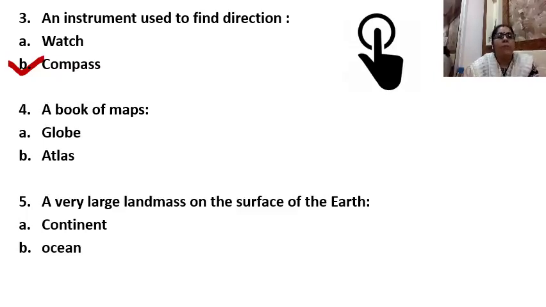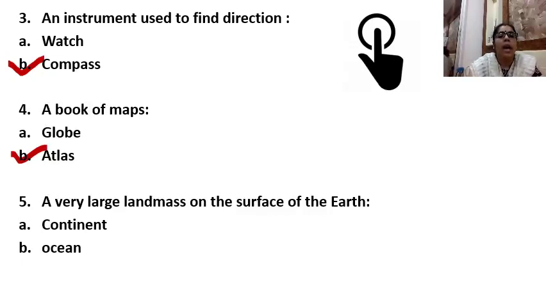A book of maps. Yes, a book of maps is called what? Globe or atlas? Which is the correct one? Yes, it is Atlas. Atlas is the correct option. So you have to click on Atlas.